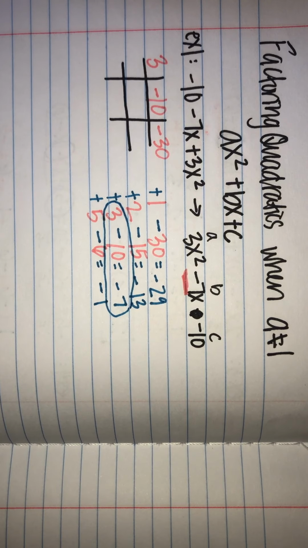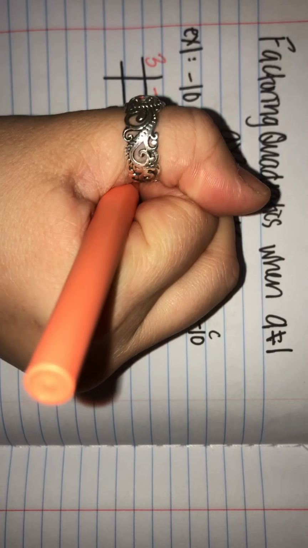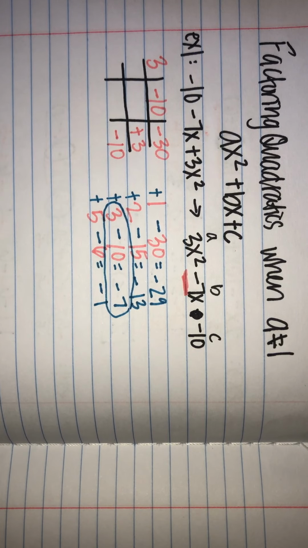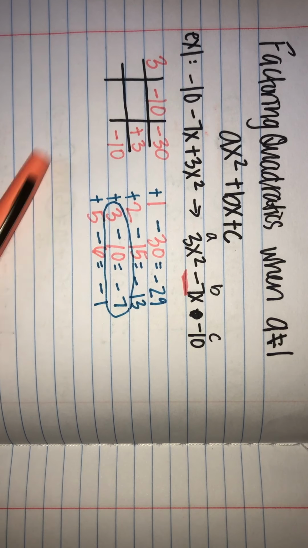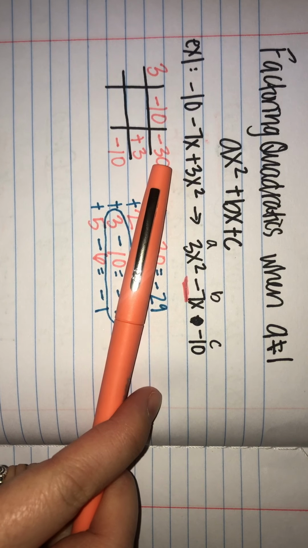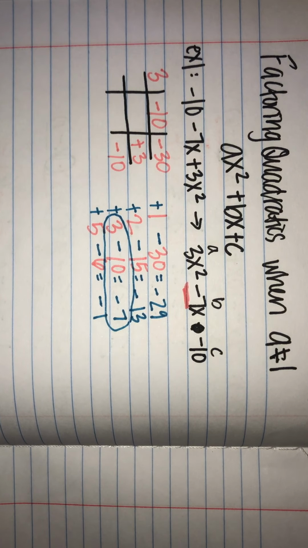Okay, so that's where I'm going to write that in my table. Positive 3, negative 10, because that is what gives me negative 7. And then I can check, does negative 10 times positive 3 equal negative 30? Yes, it does. So far what I've done is correct.